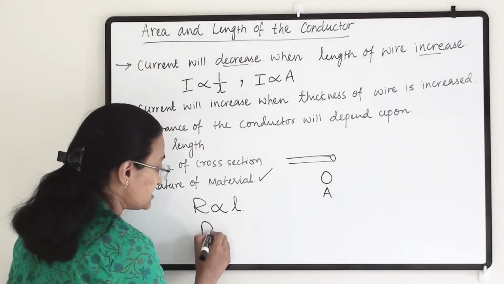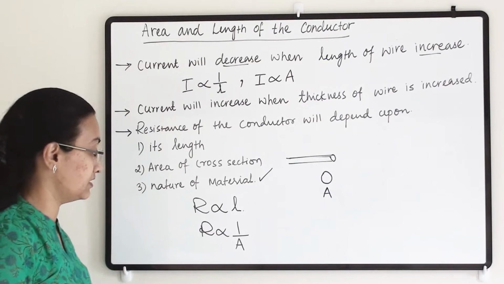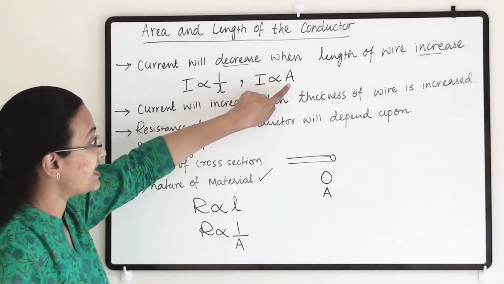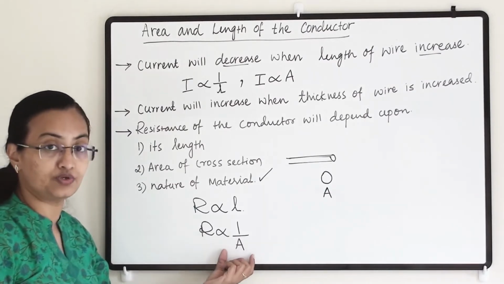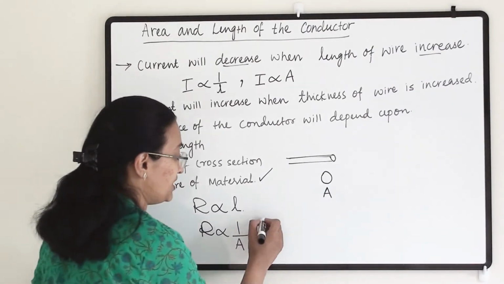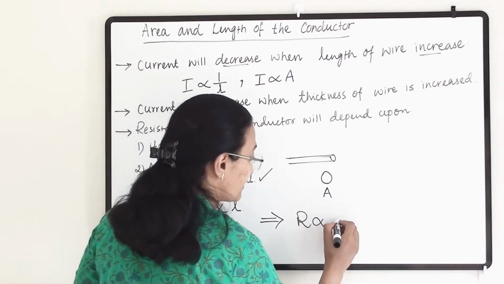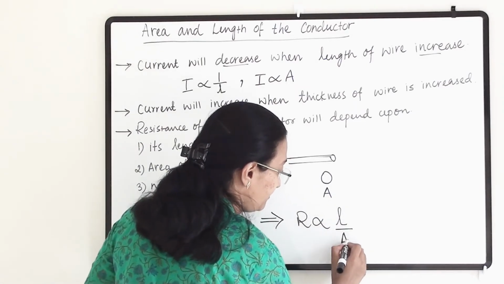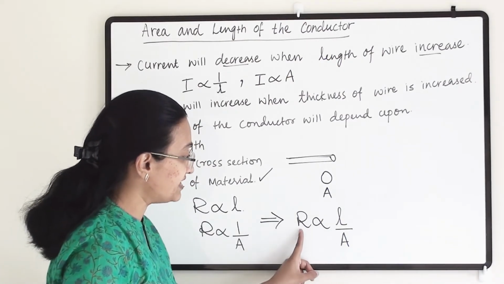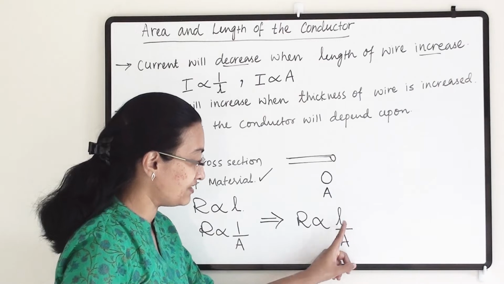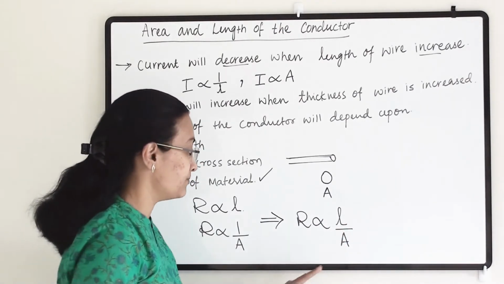Again, resistance is inversely proportional to the area of the cross section of the conductor, because here current is directly proportional to area. So that's why area is inversely proportional to resistance. Based on this, we can write another formula: R is proportional to L divided by A. So resistance is directly proportional to the length of the conductor and inversely proportional to the area of the conductor.